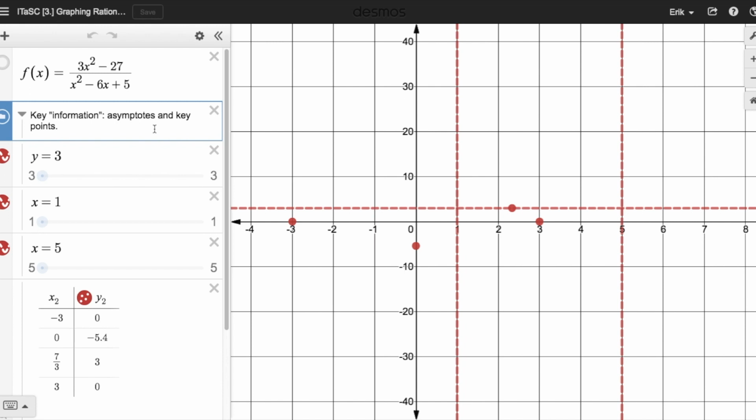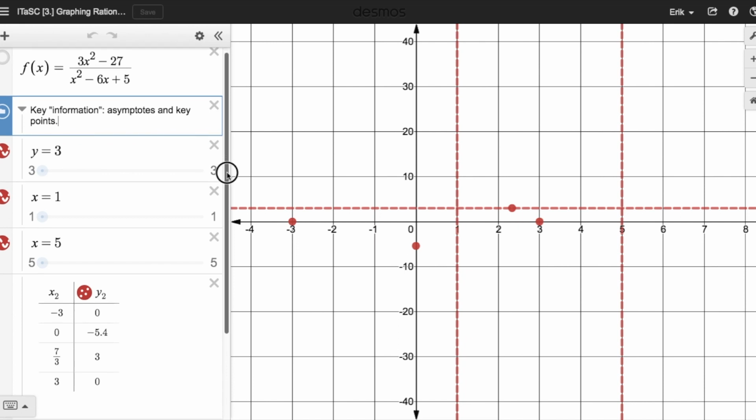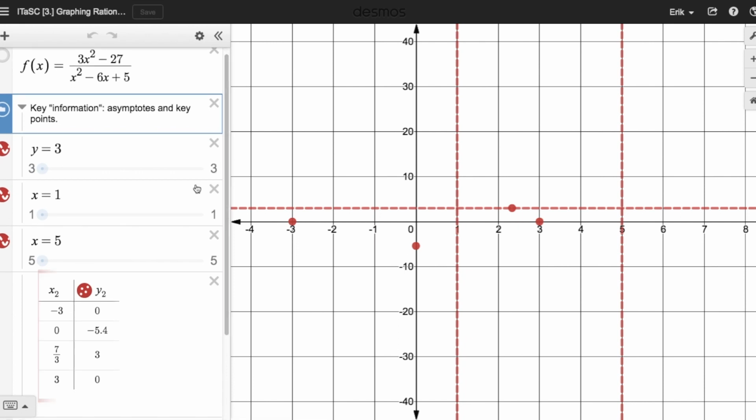Now that we have all the information for our rational function, let's look at how to begin sketching a graph. Just like with the polynomial function, there were some key points that we needed to consider. We had 4 of them. They're shown in the table on the lower left. If x was negative 3 or positive 3, the y-coordinate is 0.